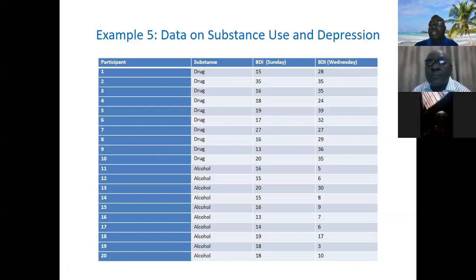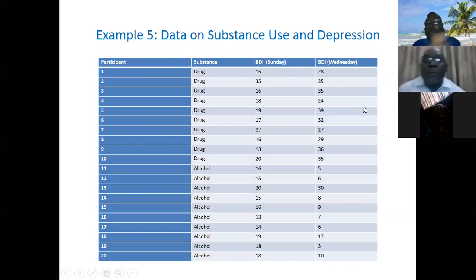We want to see the level of depression. It's only that we have two depression measures, on Sunday and on Wednesday. So they are separate variables. These are the dependent variables, depression. The independent variable is the substance use that you think is causing depression, either drug or alcohol.